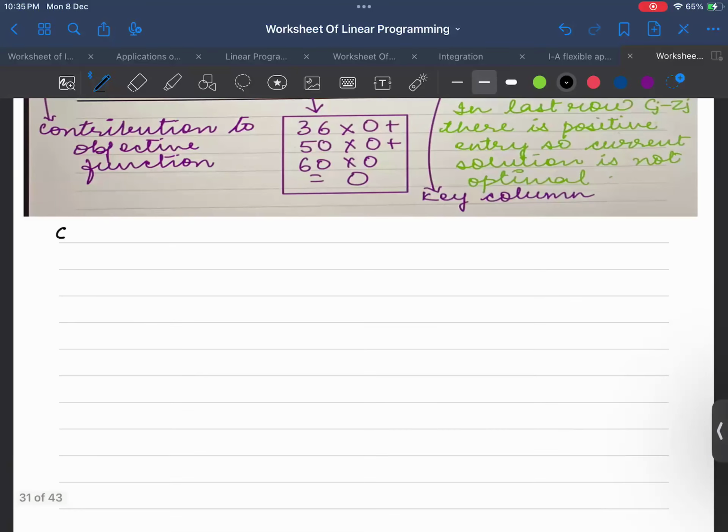First thing is CJ, basic variables, solution, then values X, Y, S1, S2, S3.